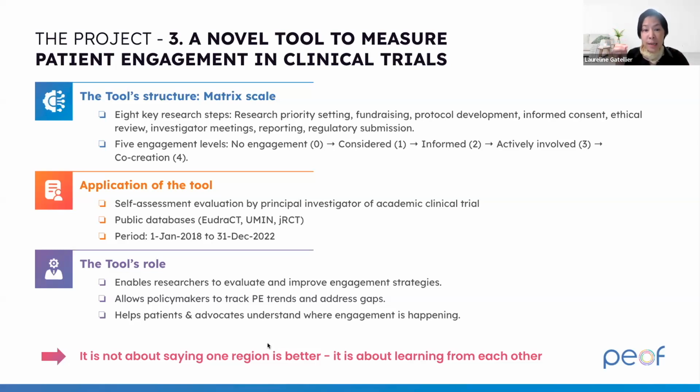They were selected from public databases. In Europe, it's EudraCT, and in Japan it's UMIN and jRCT. The period of selection was from 2018 to 2022. So what we expect as an outcome, the role of this tool and applying it, is to enable researchers to evaluate and improve engagement strategies.